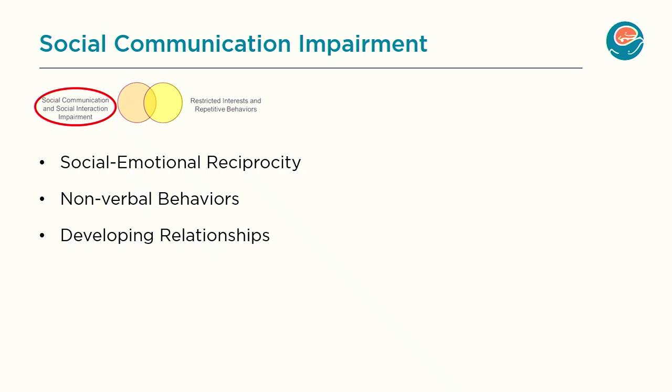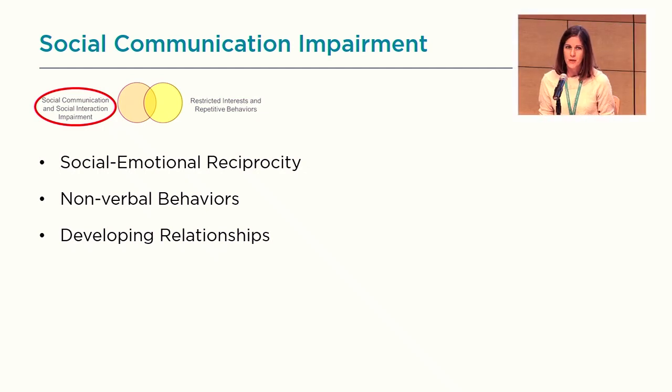This can relate to having back and forth conversations, sharing interests and enjoyment, bringing toys to show, as well as showing empathy, perspective taking, which is being able to put yourself into somebody else's shoes, and how we relate to each other. So children have to have some level of impairment within those items.